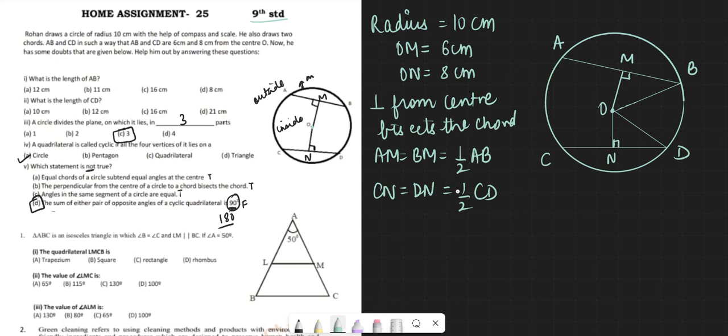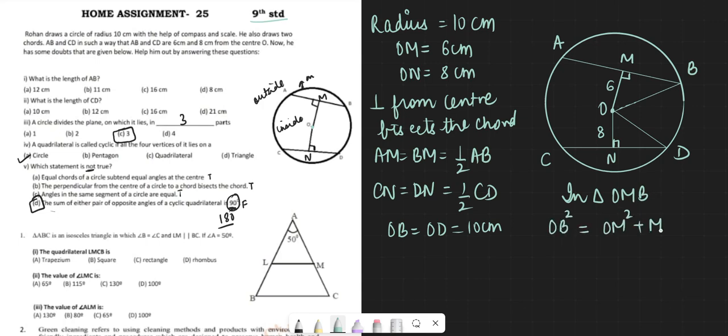So after this, we are given the radius OB and OD as 10 centimeter. OM is 6, ON is 8. So in this question, we take the right angle triangle OMB. We say OB square is equal to OM square plus MB square. We apply the Pythagoras theorem.